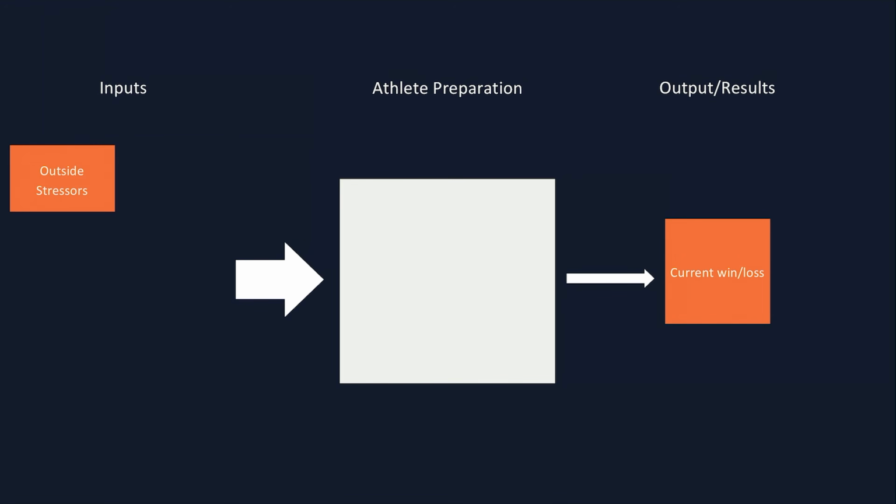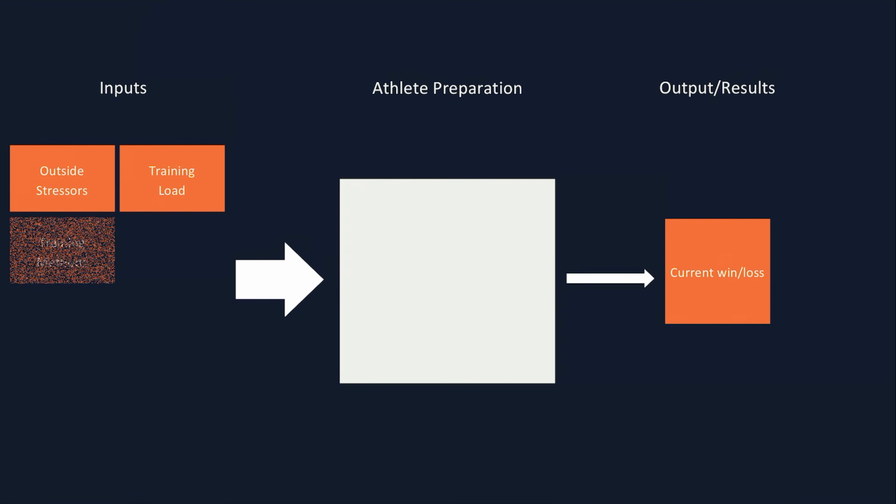We have outside stressors, which are quantified through things like mood questionnaires. We have training load, which we can quantify with either session RPE or GPS data. We have the training methods that the coach has been detailing all along and that we can look back on longitudinally and see the history of these athletes' training. We have the previous win-loss record, which of course has always been publicly available, but that is added in there as well.